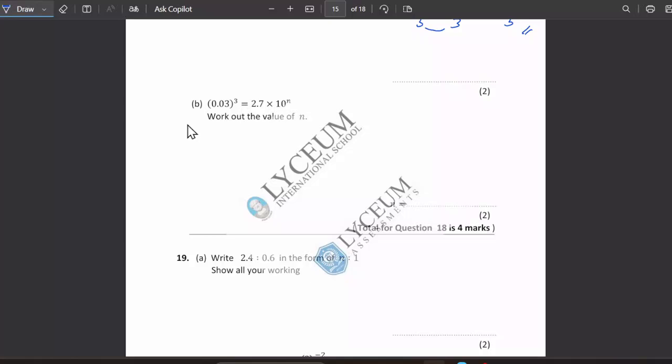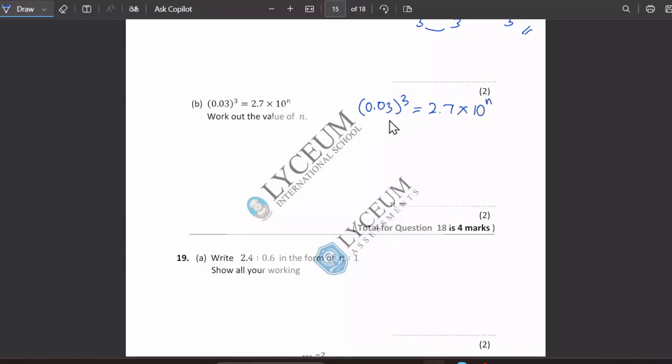And in the B part, they are telling us to work out the value of n. Okay. So first thing, we have to find the answer of this value. 0.03 to the power 3 equals 2.7 times 10 to the power n. Okay.